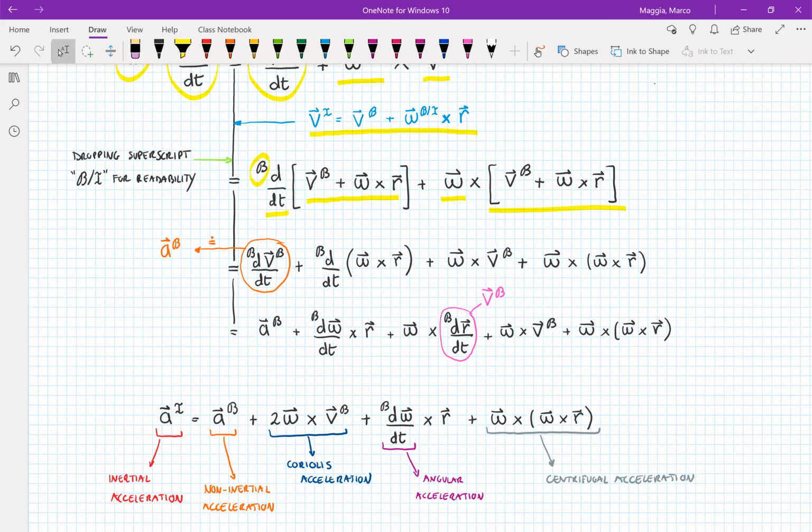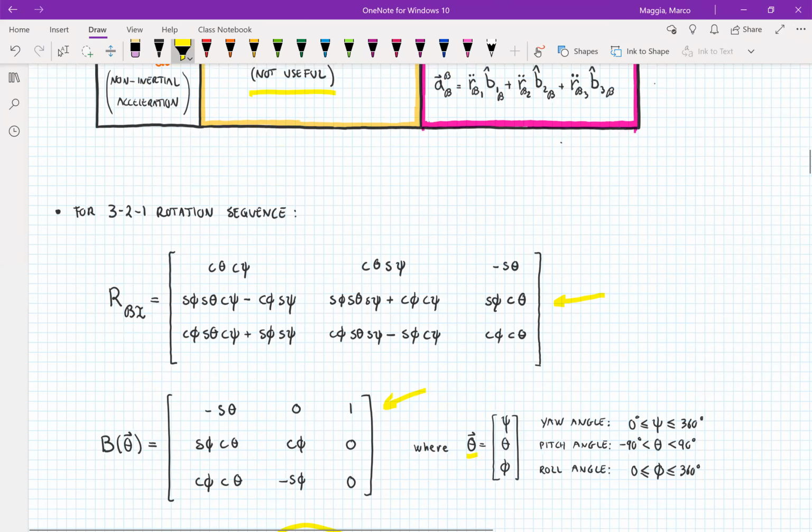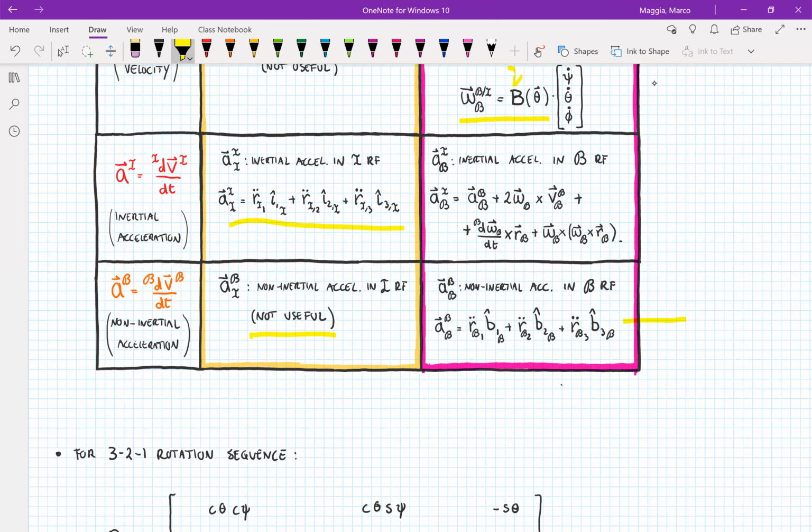All right, so taking the derivative term by term, we find dVB over dt, which is the non-inertial acceleration, whose expression is over here.